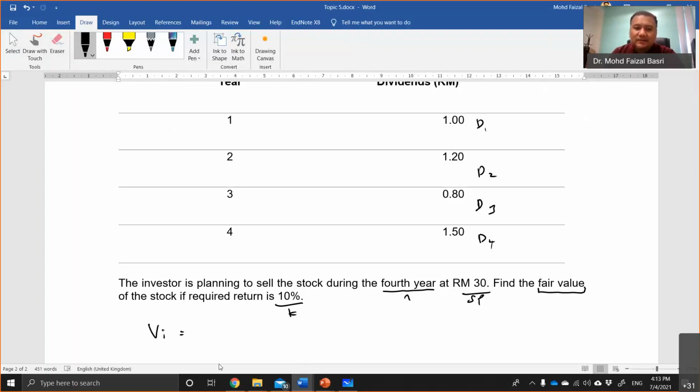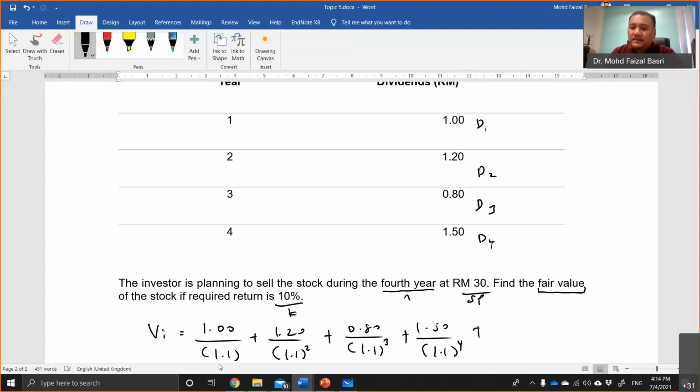The first year is 1 ringgit over 1.1, which is 1 plus K, 1 plus 10%, plus 120 over 1.1 squared, plus 80 cents over 1.1 to the power of 3, plus 150 over 1.1 to the power of 4. And lastly, don't forget the selling price, 30 ringgit over 1.1 to the power of 4.